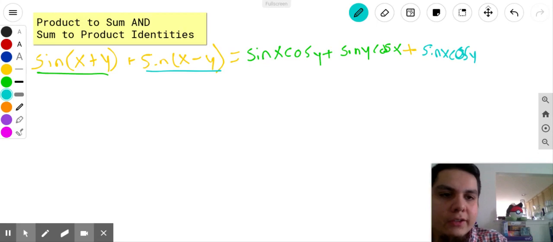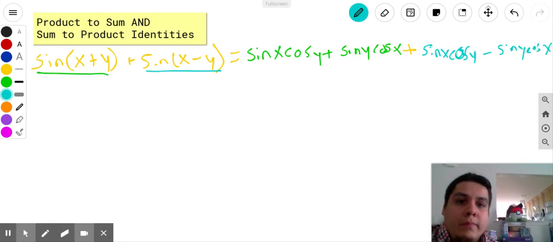You guys understand this cosine. Minus sine y cosine x. Okay? So if you notice, this is what I have.